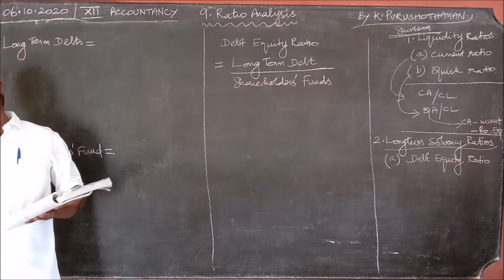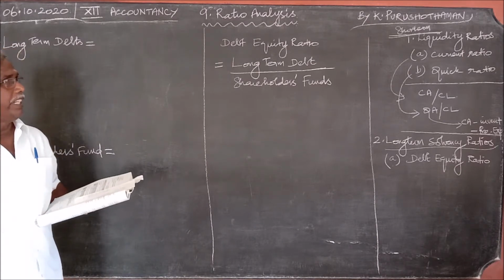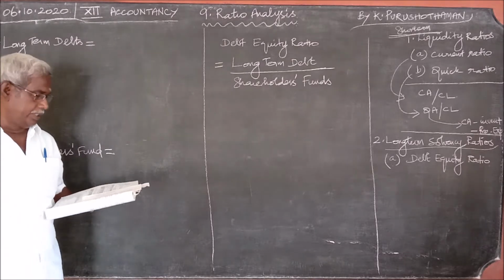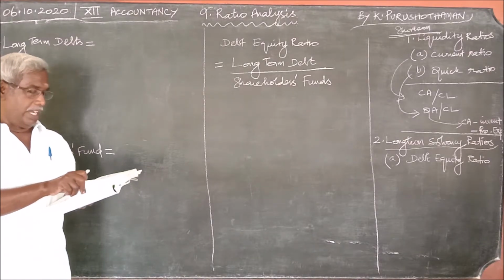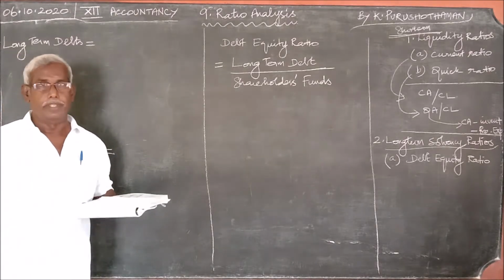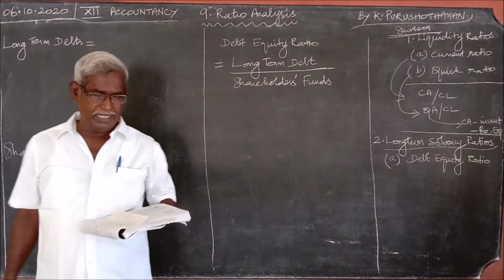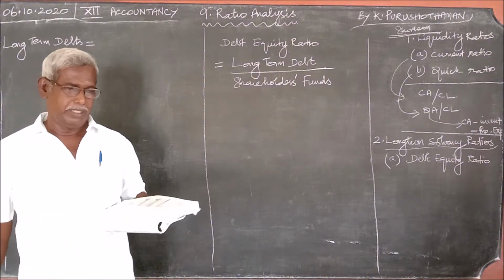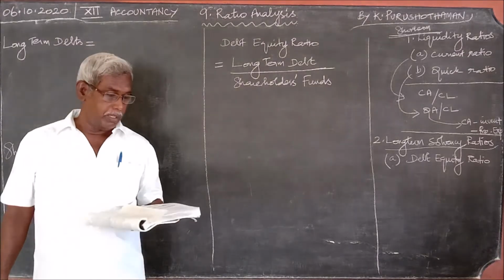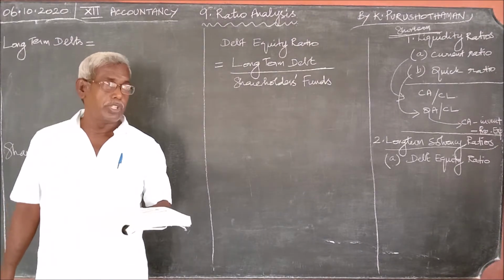Now we should know what are the items coming under long-term debts. Under long-term debts, the debentures are coming, bonds are coming, long-term borrowings are coming, long-term loans are coming.